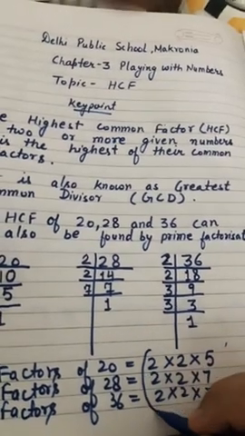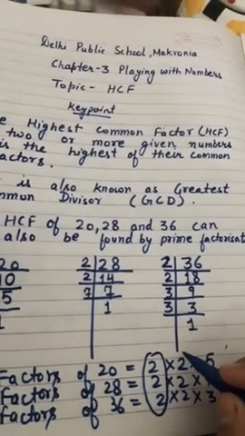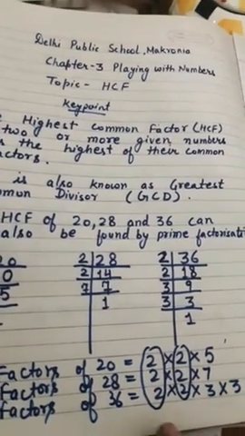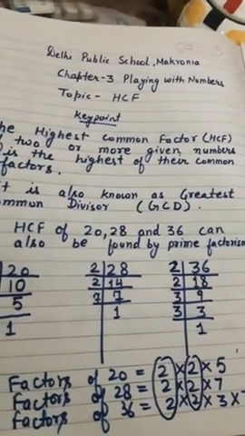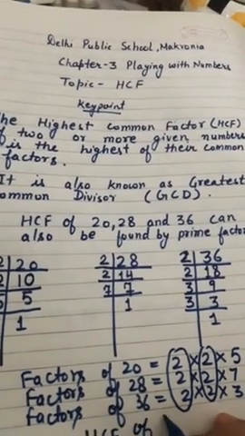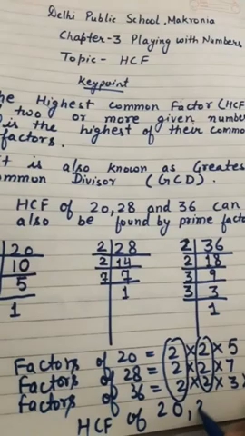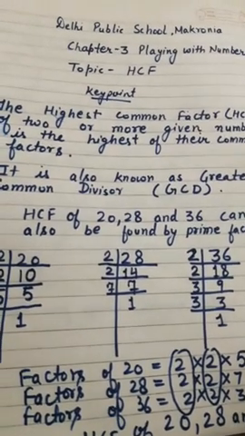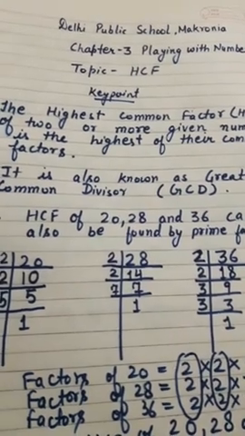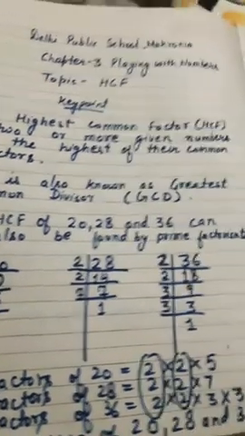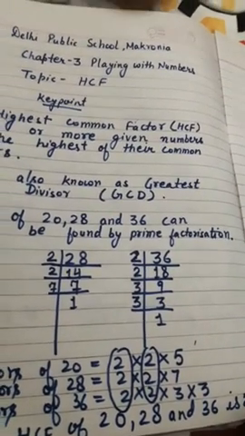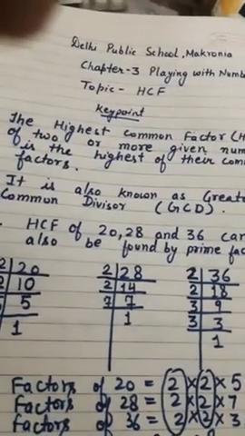We can see that in all three numbers we have 2 as a common factor. So the HCF of 20, 28 and 36 is 2 multiplied by 2, which is 4. So it is the highest common factor, the greatest common divisor.